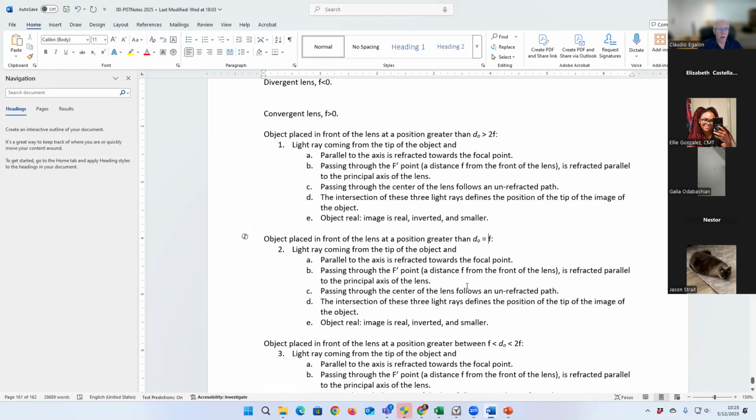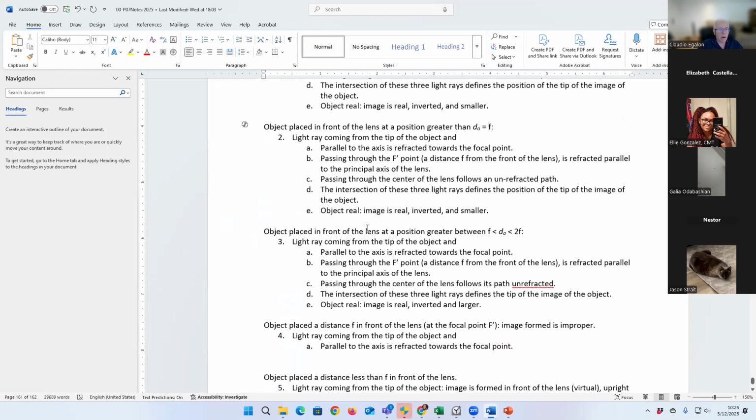Just like before, object real, image is real, inverted, and same size as the object.